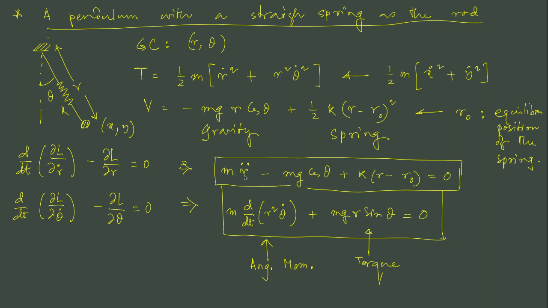With respect to r, we find the equation to be mass times r double dot. It has two components. One is the component of gravity: m g is acting downward, but m g cosine theta is acting along the spring, so that is responsible for a stretch.